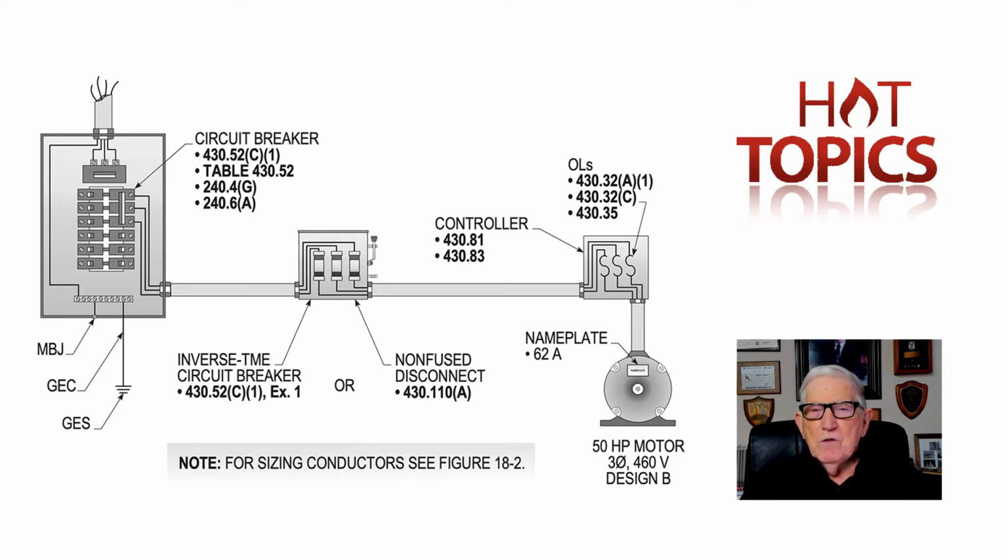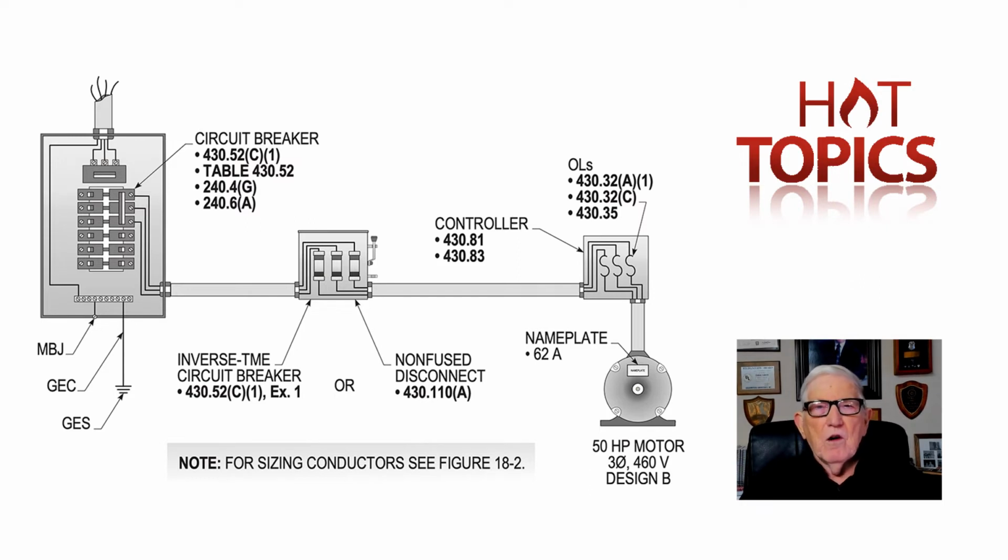Nameplate is 62 amps, and remember 430.6A 1 and 2 on page 308 and 309 respectively of the code would list when you would use the full load current of table 430.250 for 3-phase, or the nameplate current to size the overloads that you see in the illustration with the arrow pointing to such overloads.